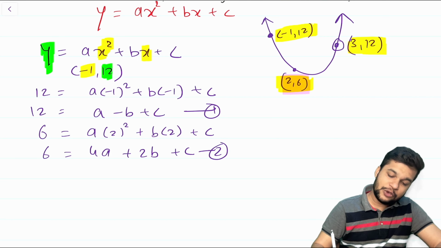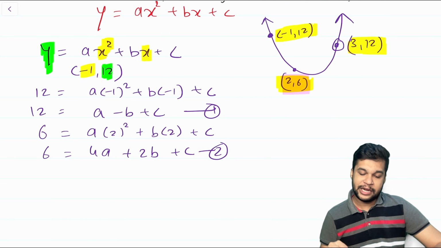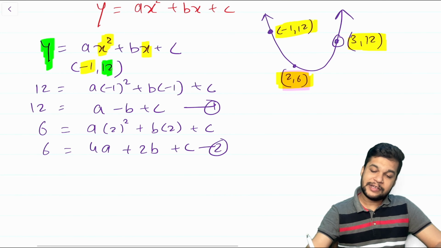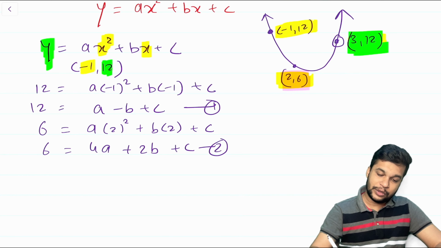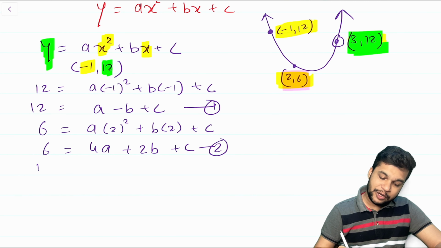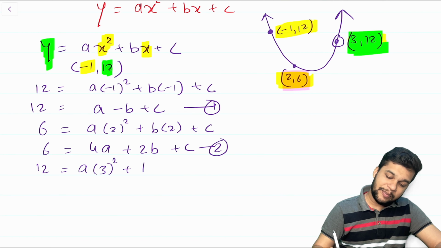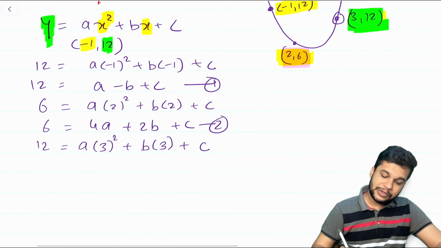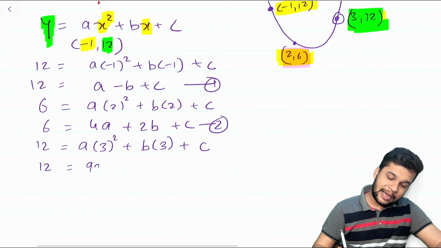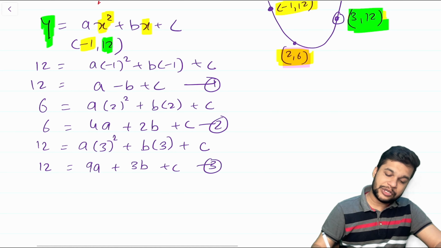This is your second equation. If I substitute the third point also, it will be 12 equals a times 3 squared plus b times 3 plus c. So it becomes 12 equals 9a plus 3b plus c. This is your equation number 3.